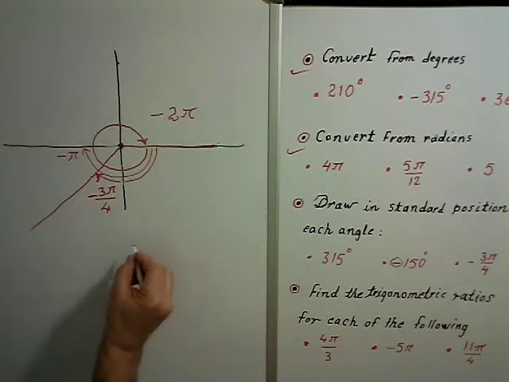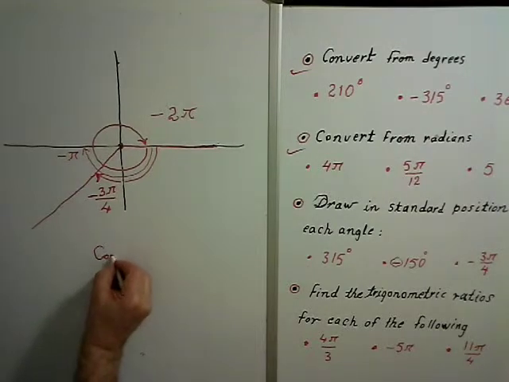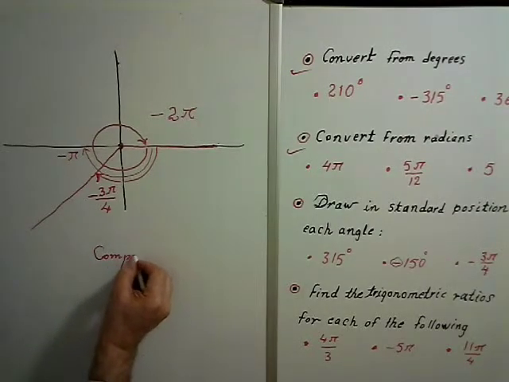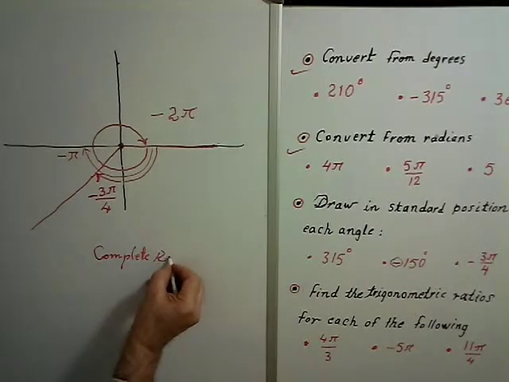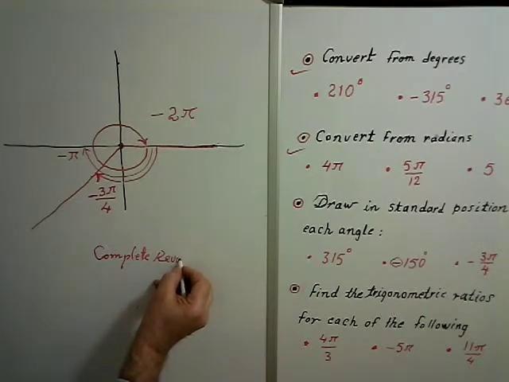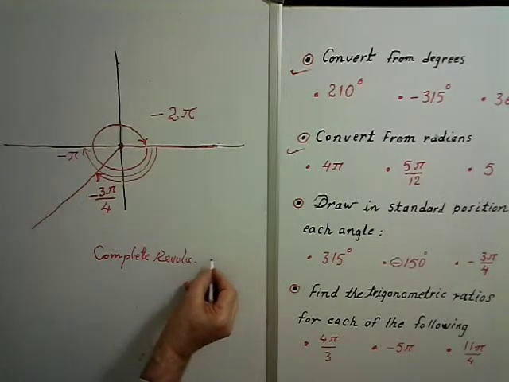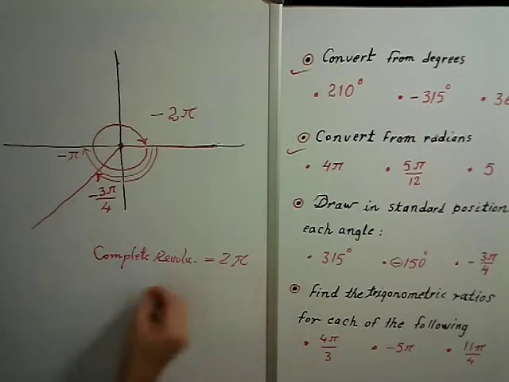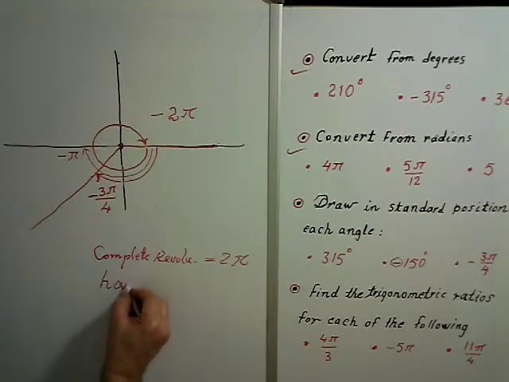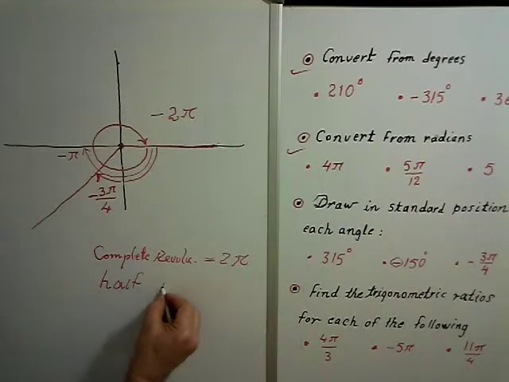Anyway, a complete revolution is 2 pi. Half revolution is 1 pi.